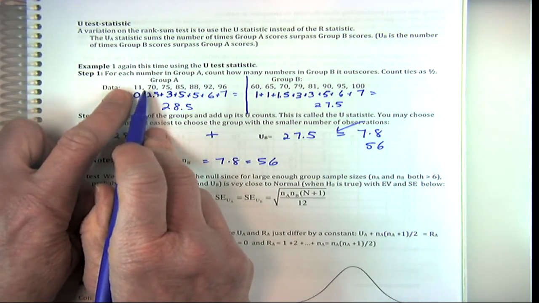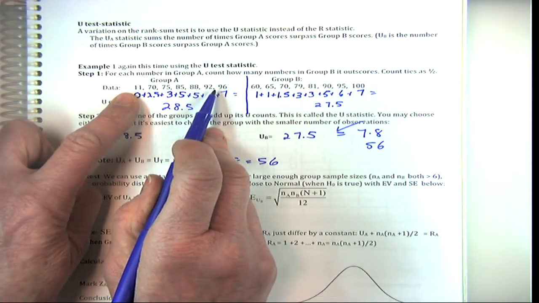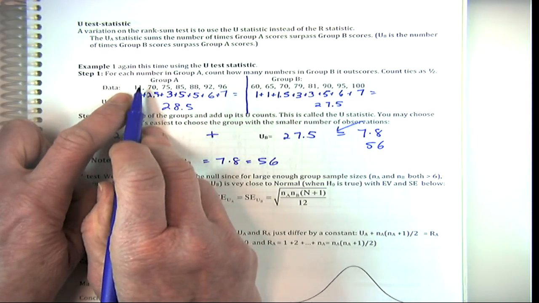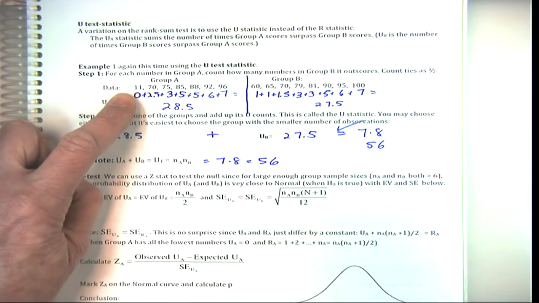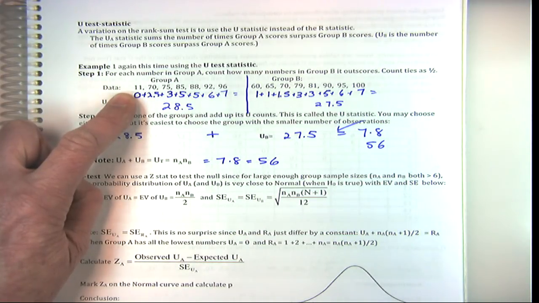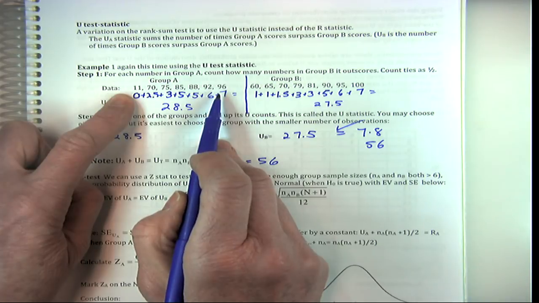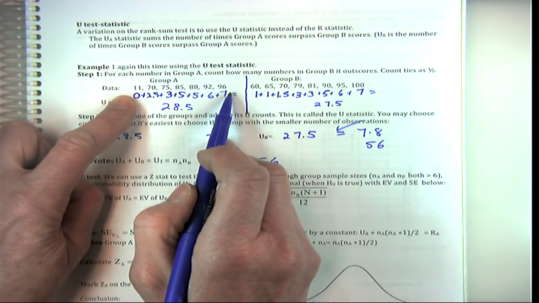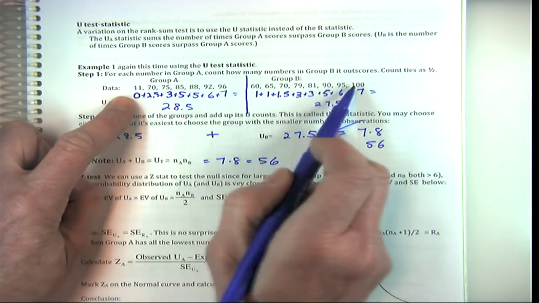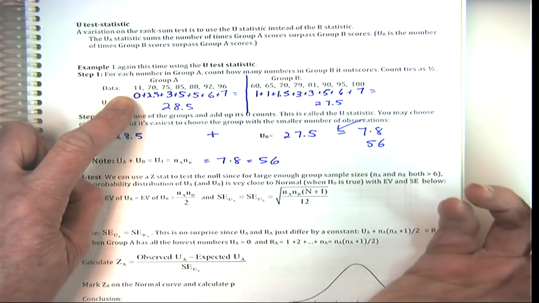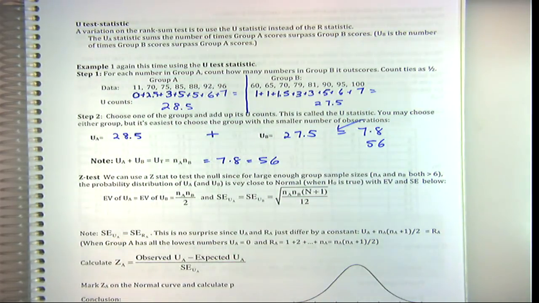Each of these 7 numbers, I keep thinking of tennis matches, plays each of these 8. So it's 7 times 8 matches. So you can think of 7 times 8 singles matches in tennis.